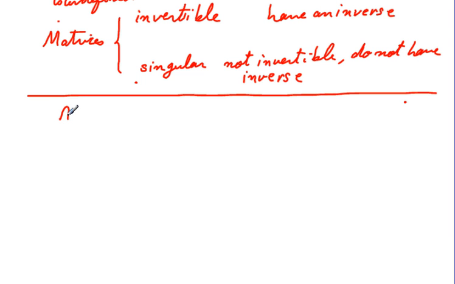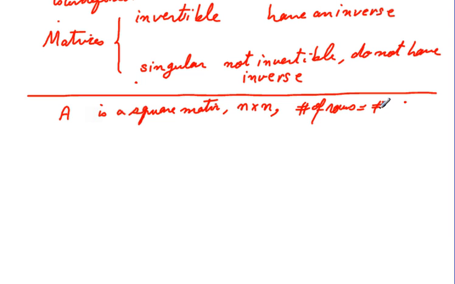So the matrices that we are going to consider in this section, A is a square matrix. So you might call it n by n, or number of rows is same as number of columns. Its inverse, if it exists, we are going to show by A inverse. So that's going to be our notation for inverse of A.